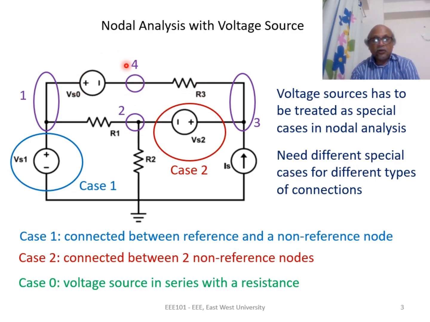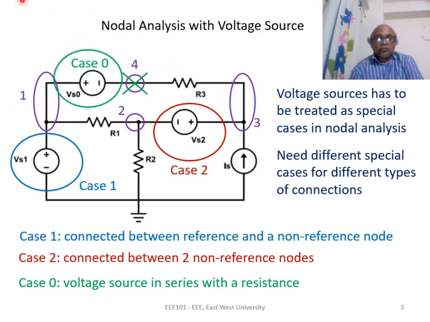So Vs0, instead of treating the source as a case 2 between node 1 and node 4, we will treat it as case 0 between node 1 and node 3. We will not consider node 4, and we will treat Vs0 as case 0.